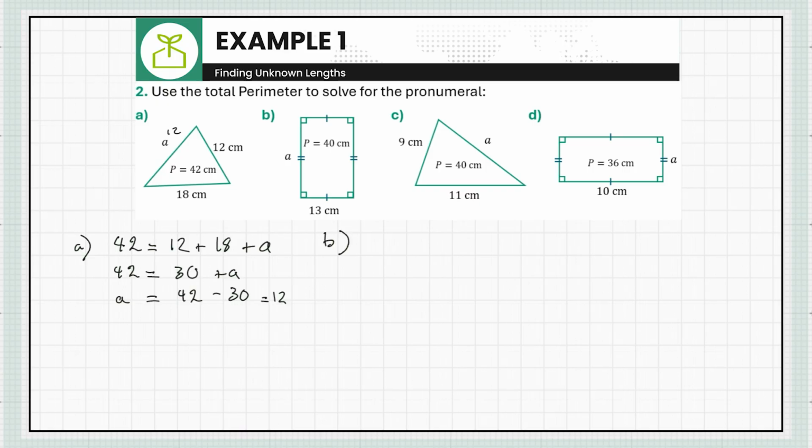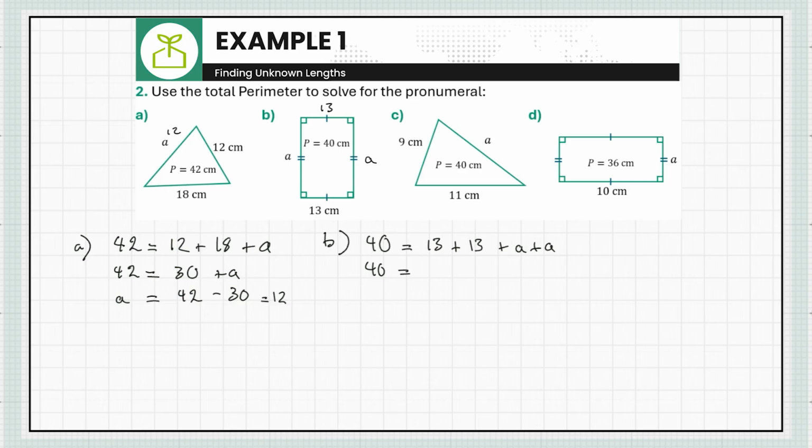So let's look at B now. For B, we start out with a perimeter of 40, and 40 is going to be equal to, well, firstly let's fill in all of our missing information. It's going to be equal to 13 plus 13 plus a plus a. Now let's simplify all this information.